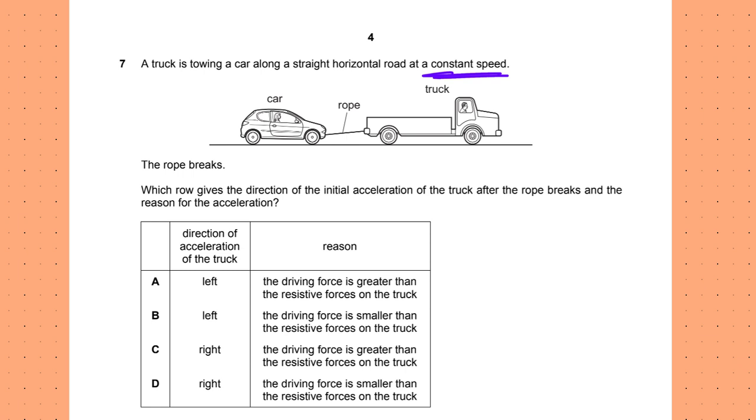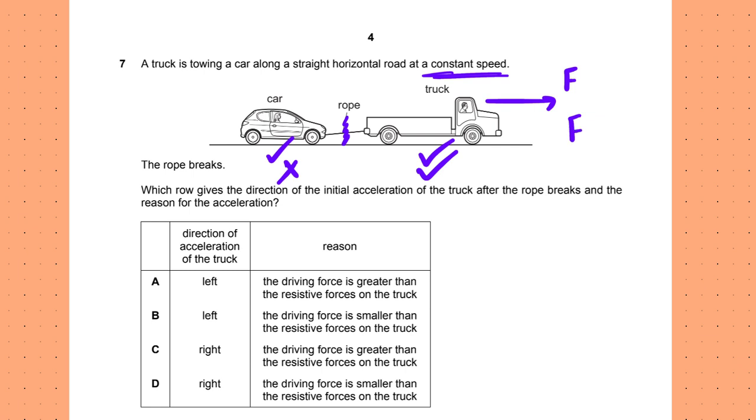So if this rope breaks, what the truck is doing right now is that its engine is exerting a force which is making them move along the road. Previously that force was being shared between the masses of the car and the truck. Now that same force is only going to pull the truck, right?